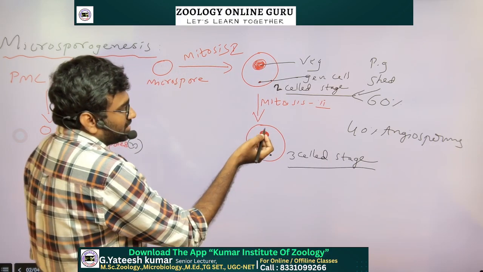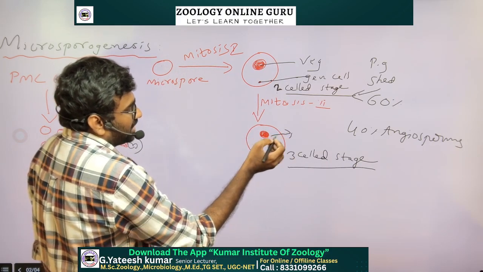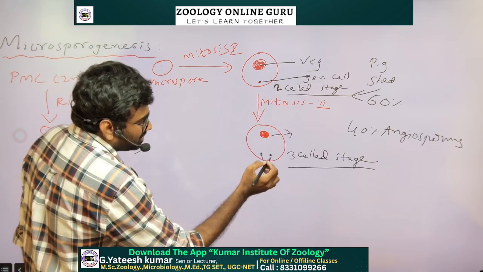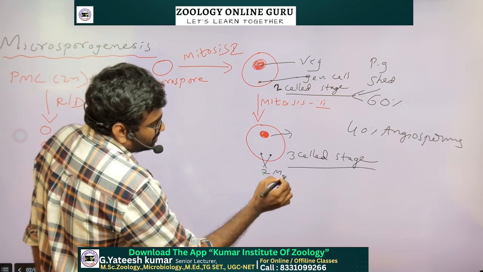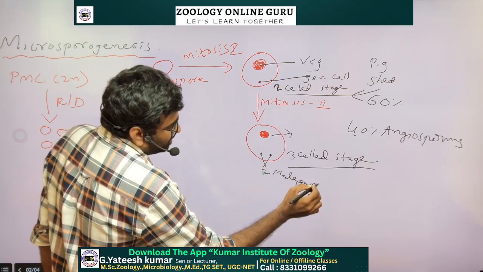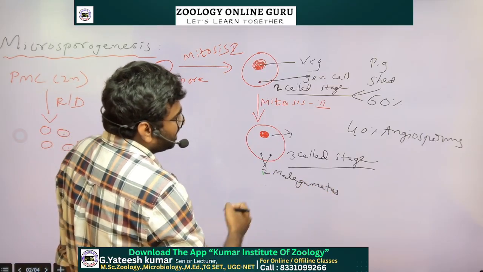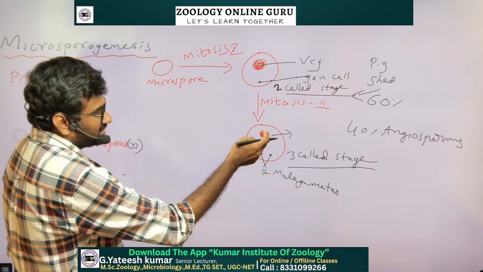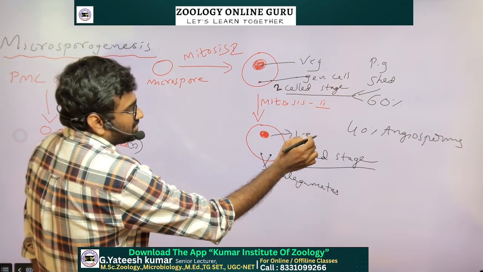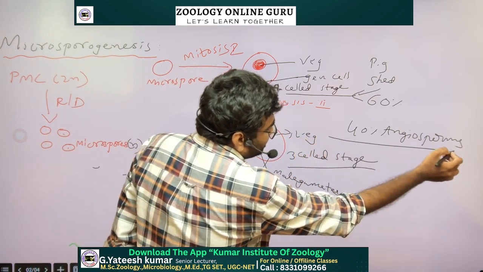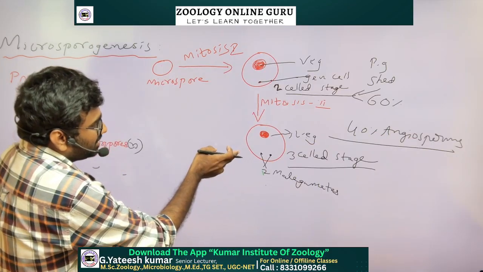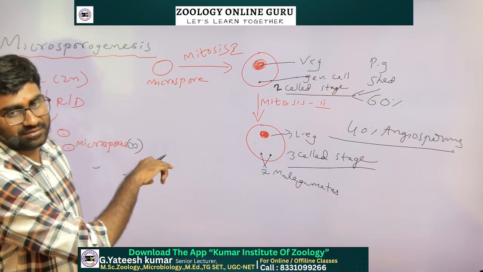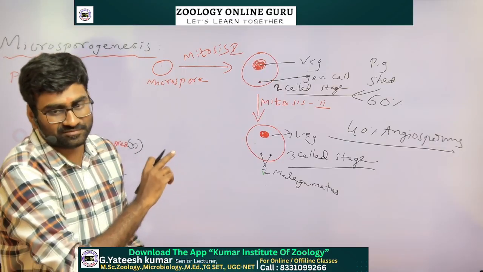That is, the generative cell undergoes mitosis and produces the two male gametes. After the production of two male gametes, the generative cell degenerates, and this is known as the three-celled stage. So in 40% of flowering plants, pollen grains are shed at this stage. That means this pollen grain lands on the stigma, initiating pollination and fertilization.